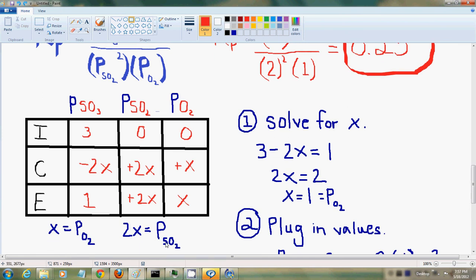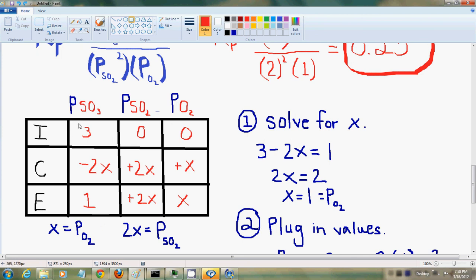So now, you can probably see that all you need to do is find x, because once you find x, you can plug it into all of your partial pressures and you can find them. So, if you look closely at your ice table, you can see that the ice part of your products, or sulfur trioxide, can easily be written into an algebraic equation to find x.